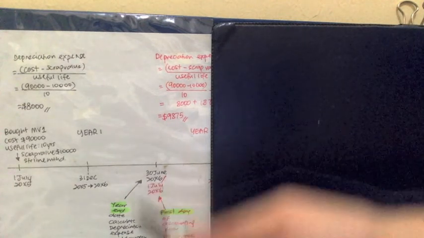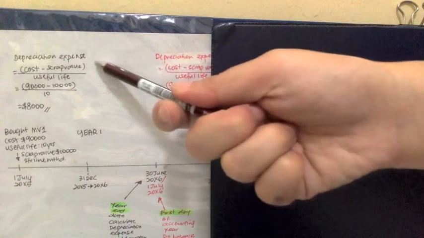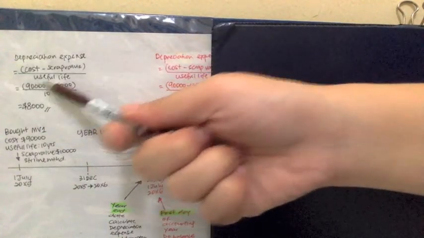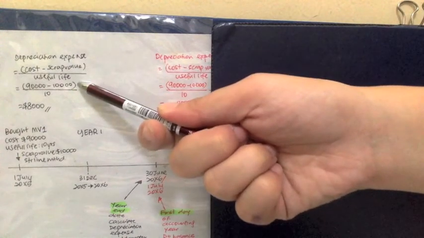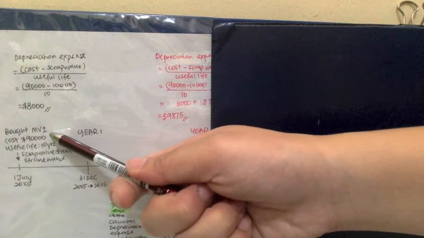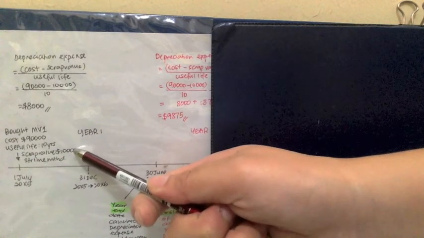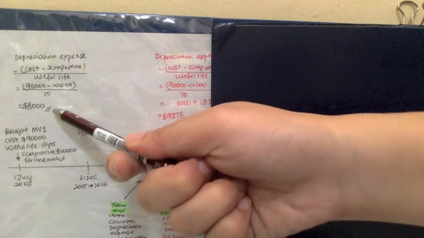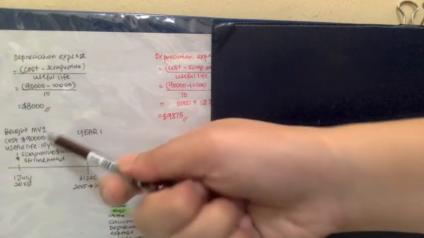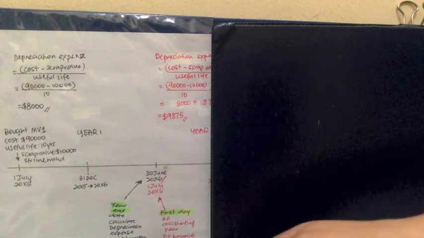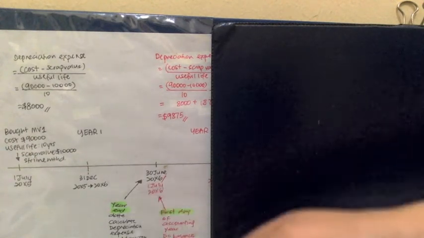So how do we calculate the depreciation? The formula for depreciation expense is cost minus scrap value divided by useful life. Since the cost is 90,000, the scrap value is 10,000, and the useful life is 10 years, you get $8,000 per year for this motor vehicle 1.